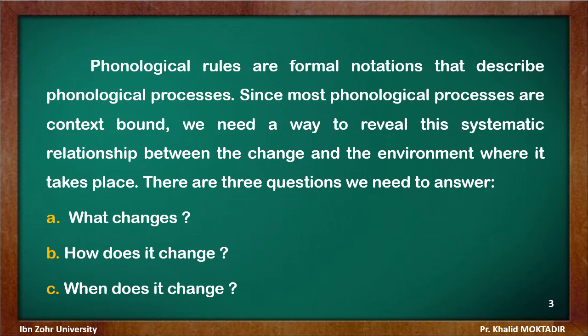You need to have the arrow that relates A to B, and then on the right side of the arrow, we will mention only the feature that has changed. And C is, when does this change take place? In other words, we will draw a slash, and then after the slash, we specify the context where the change takes place.